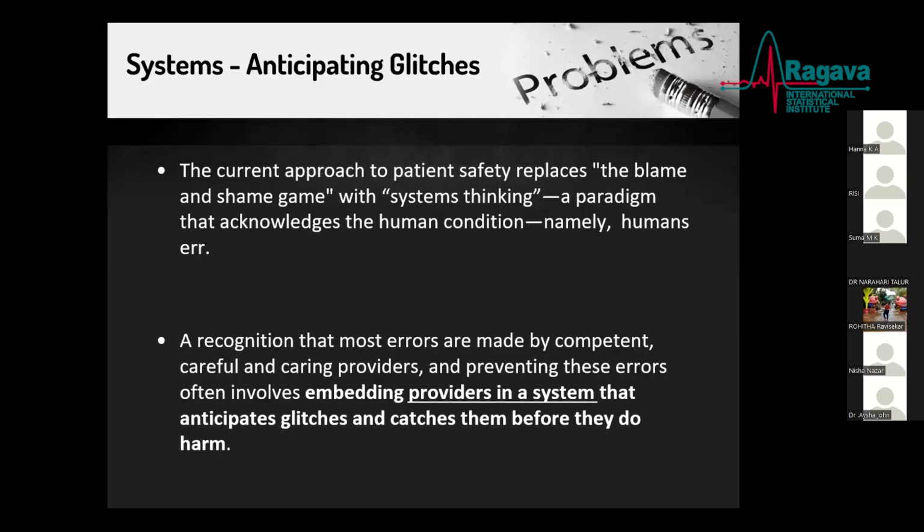So the current approach to patient safety is replacing the blame and shame game with systems thinking. It's a paradigm that acknowledges the human condition, namely human error, and concludes that safety depends on creating a system that can anticipate errors and either prevent or catch them before they cause harm.